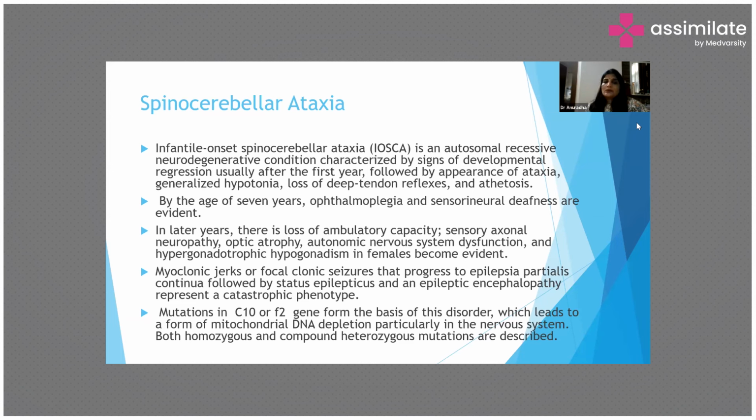So the child loses ambulation as he gets older, and later there are also problems with vision and hearing. Myoclonic jerks or focal clonic jerks that progress to epilepsia partialis continua, followed by status epilepticus, may be a feature of spinocerebellar ataxia.